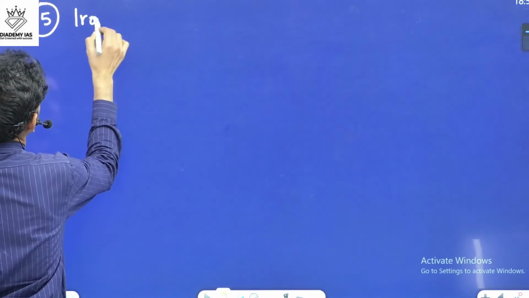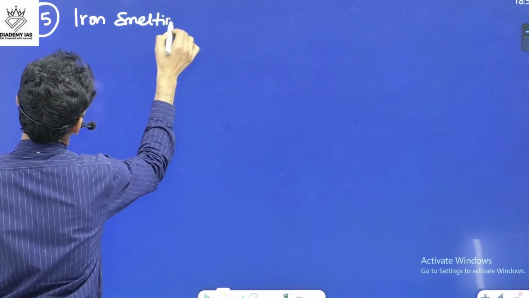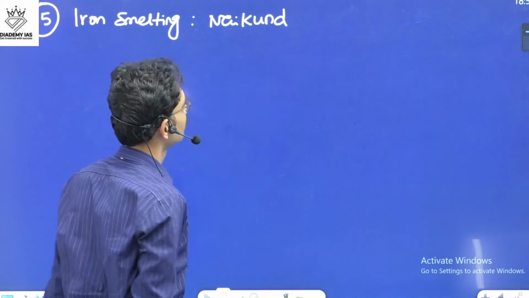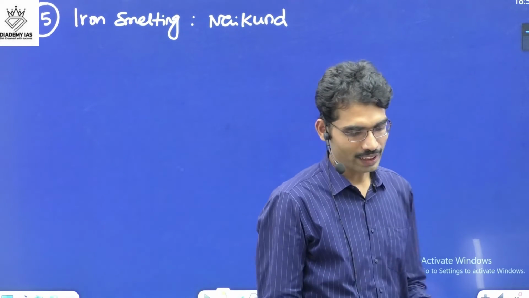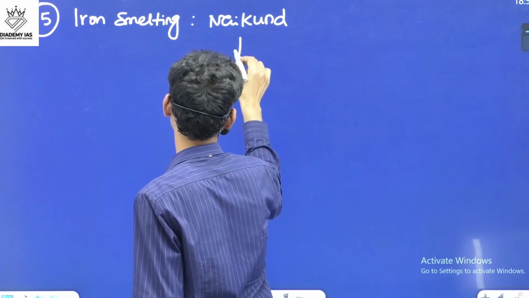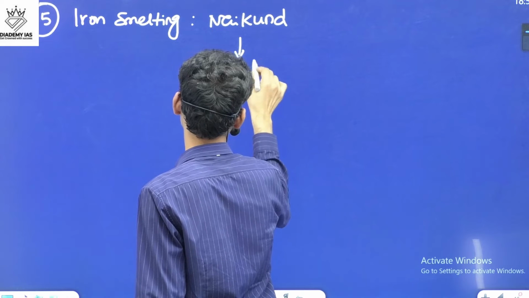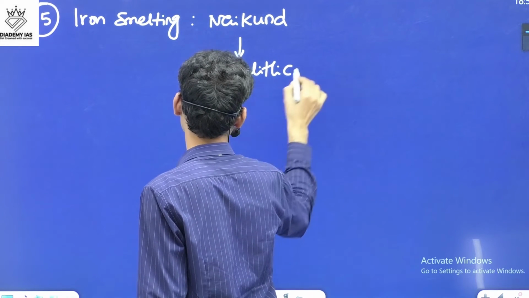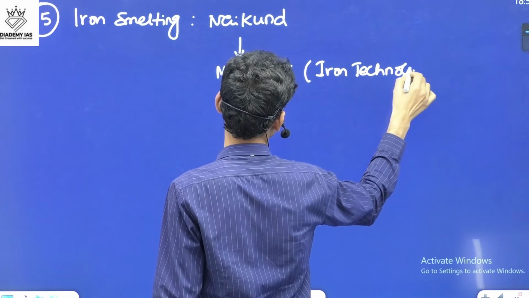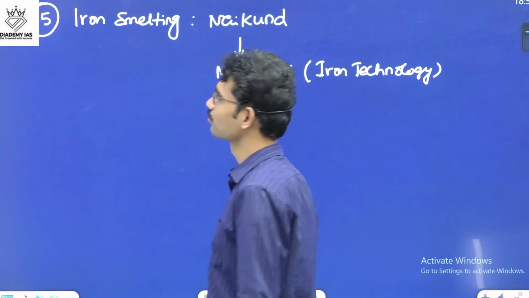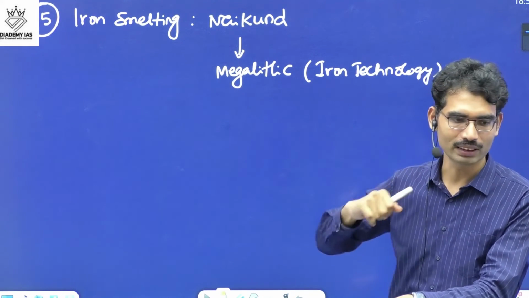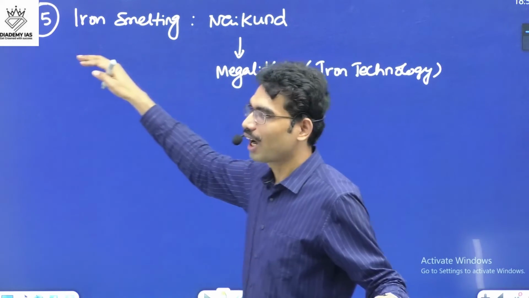Iron smelting, Naikund. It is a megalithic site, and a megalithic site is known for iron technology. Here during the megalithic time period, after 1000 BC, in this location, there were iron works.